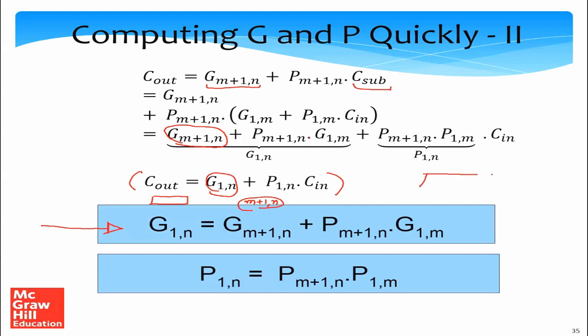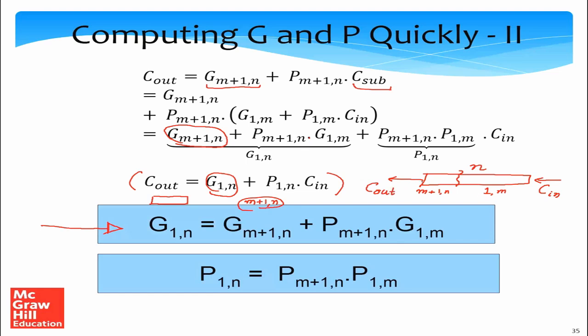So let me explain this in a different way. Let me consider n bits. We are dividing it into two subblocks. One subblock consists of the bits from m plus 1 to n, and the other subblock consists of the bits from 1 to m. We have a carry input and we have a carry output. Let's try to understand this equation slightly intuitively.